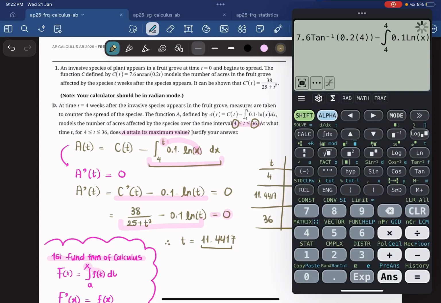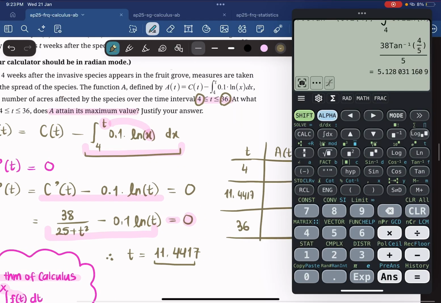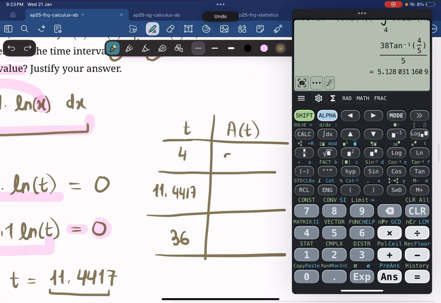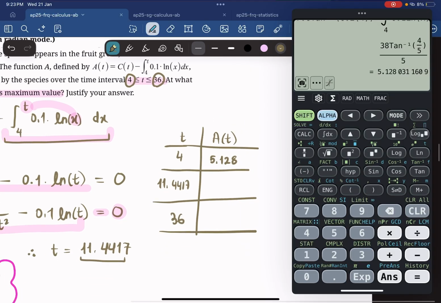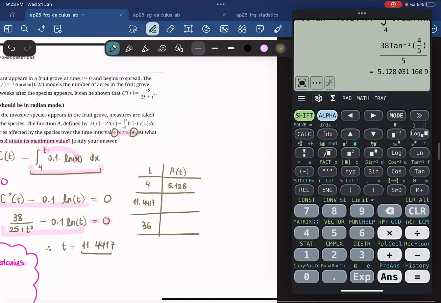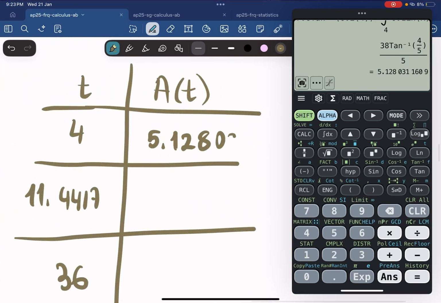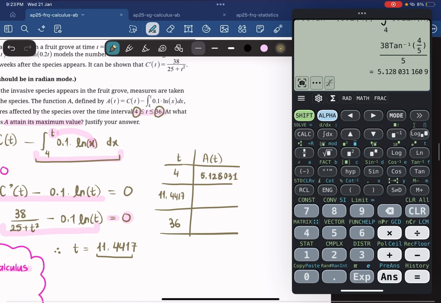This should give us 5.128, or you can say 5.128031. This is not our final answer yet, so we don't need to round to 3 decimal places yet.